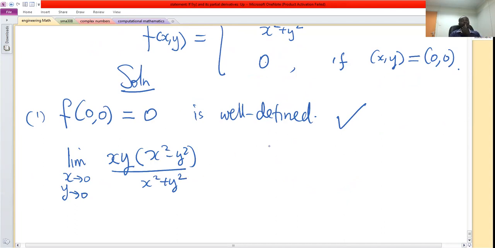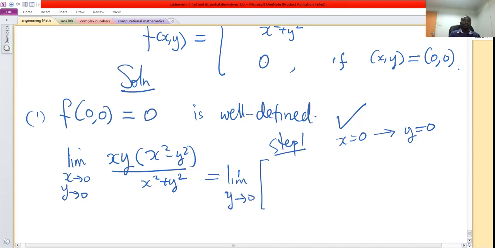The first thing, step 1, we start by x equals 0, followed by y equals 0. So we write this as the limit as y approaches 0, and then the limit as x approaches 0, of xy(x squared minus y squared) over x squared plus y squared.